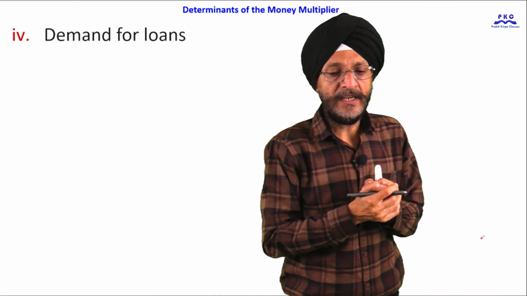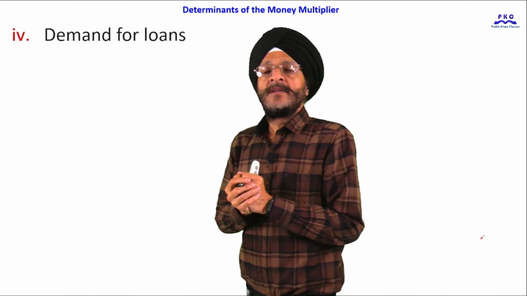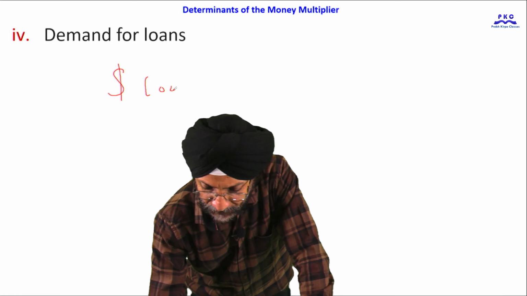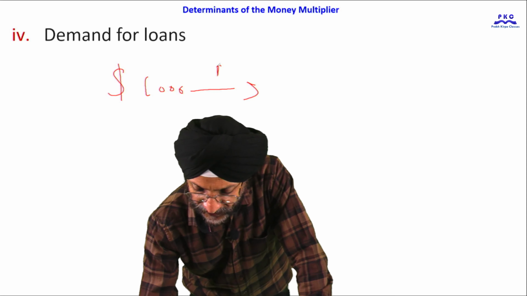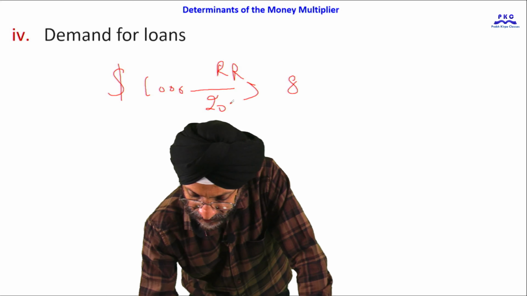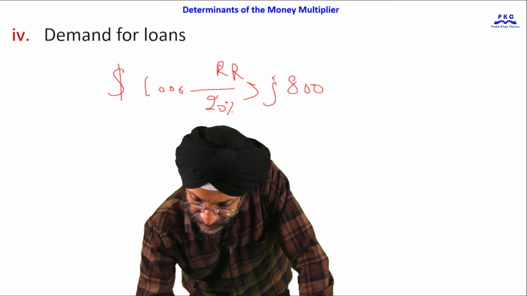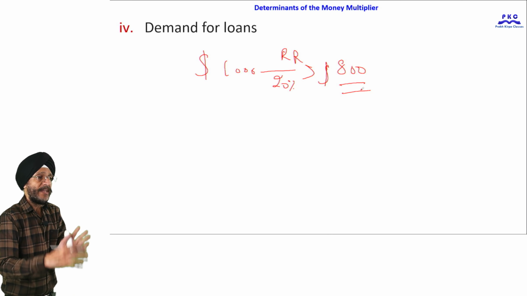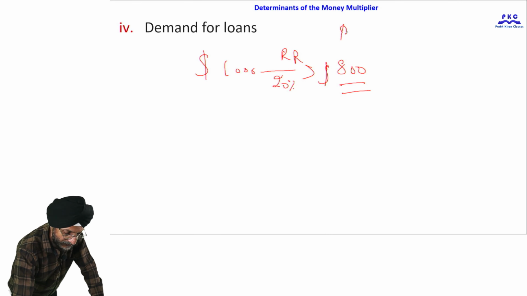Now the other is demand for loans. Here we have already learnt that after keeping the reserve ratio, they can say give $800 as loans. They have this amount available as loan. Banks can give this amount as loan.